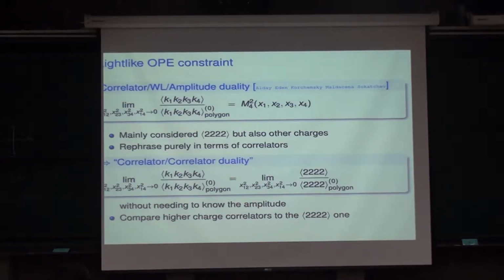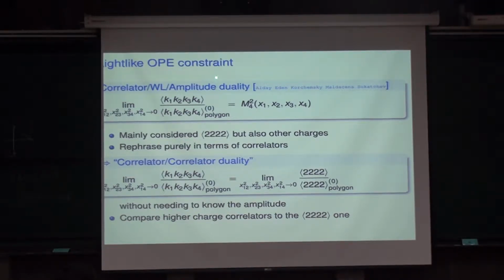Okay, so the second thing, and this is recently found, is this light-light OPE constraint. Before I look at that, I'm going to look at a precursor to it, which is what we were using before we found this new thing, and which comes from the correlator-Wilson loop-amplitude duality.